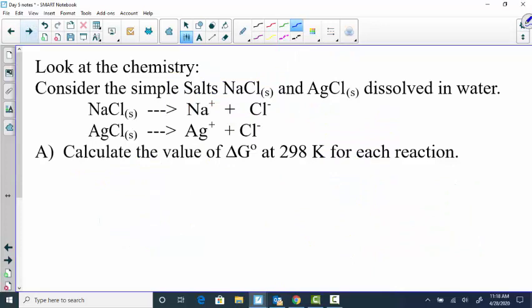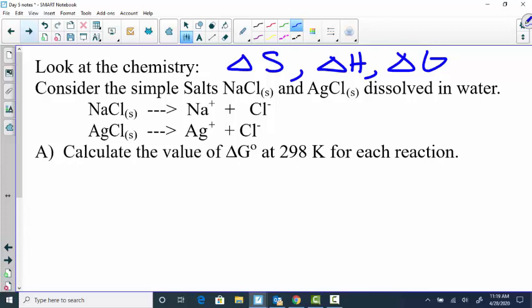Here's some things to look at though, okay? So we're going to look at some of the chemistry that's going on with entropy, enthalpy, and Gibbs free energy and how that affects things.